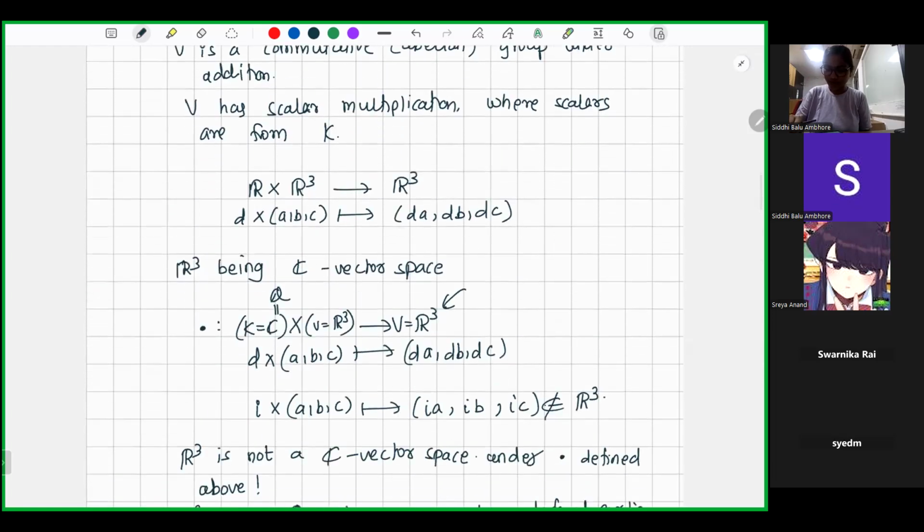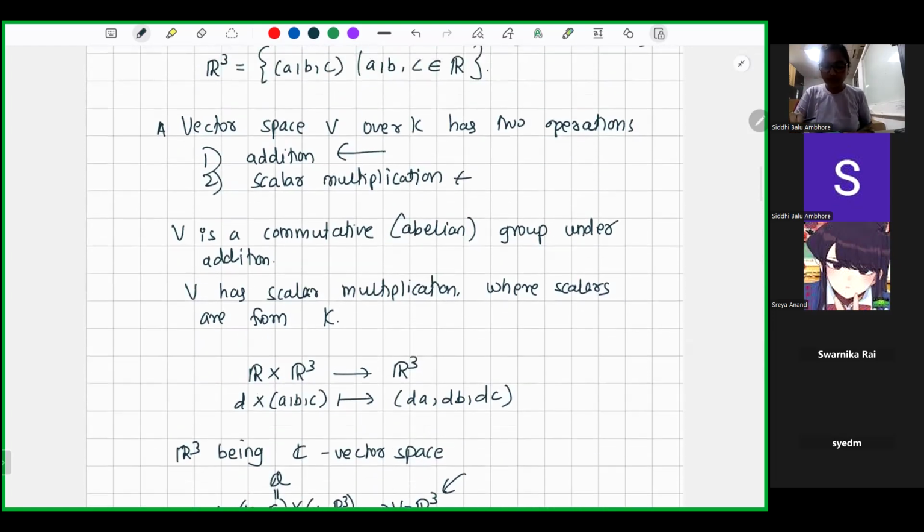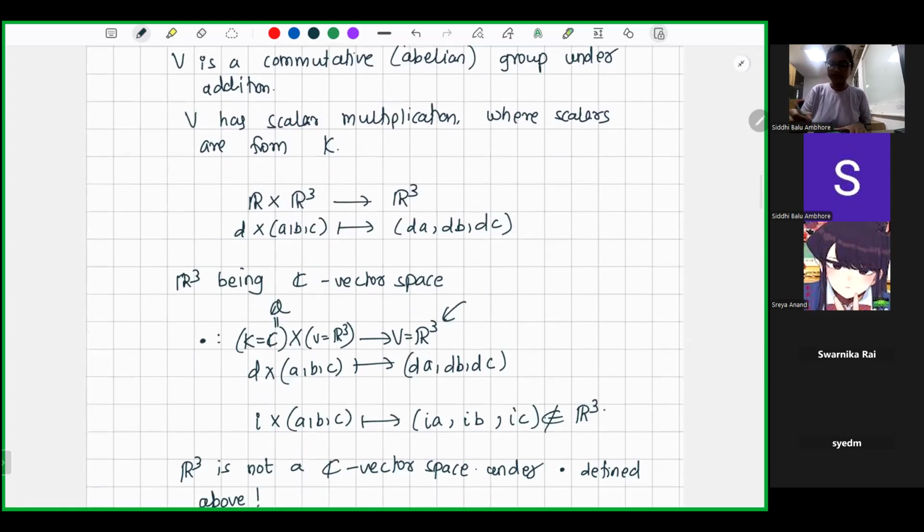When we try to do this, we were talking about R3 being an R vector space. I take this scalar multiplication from here and multiply some element from here and I get this, which again belongs to R3.